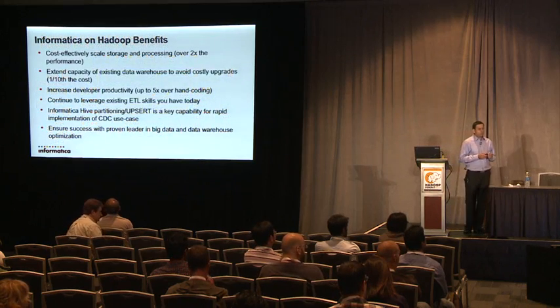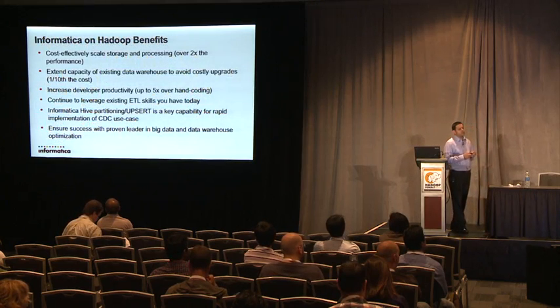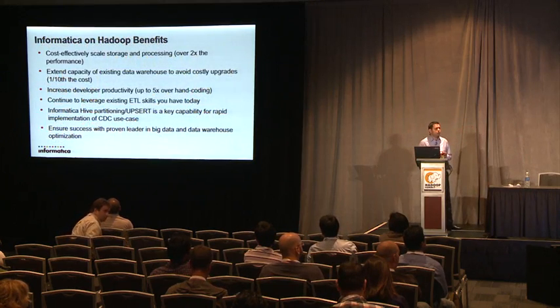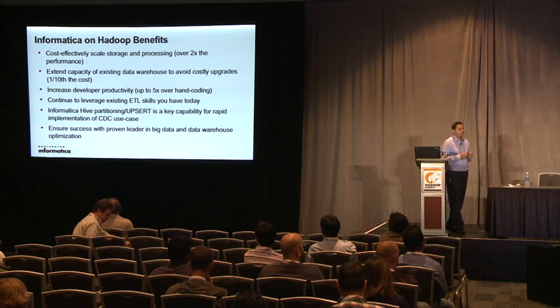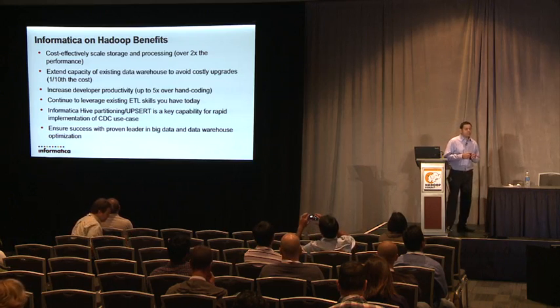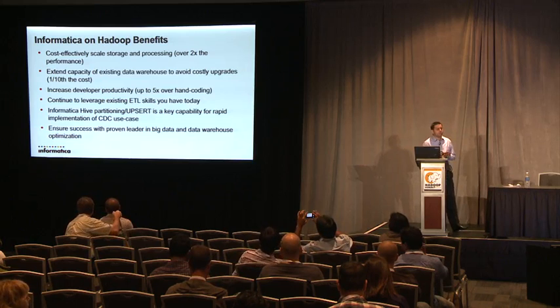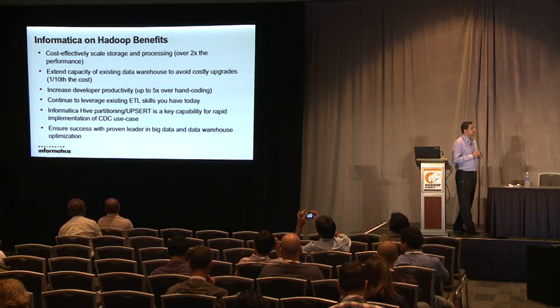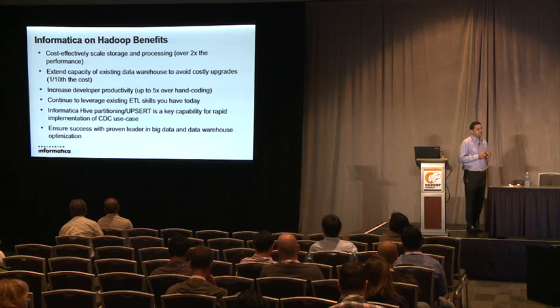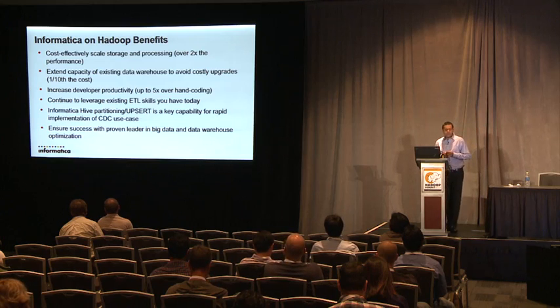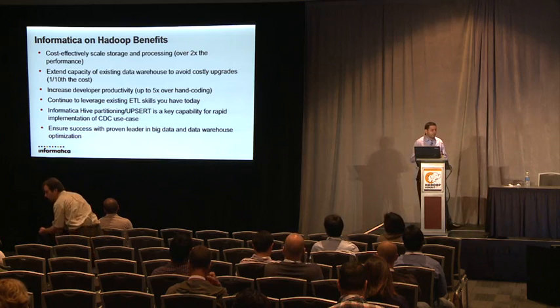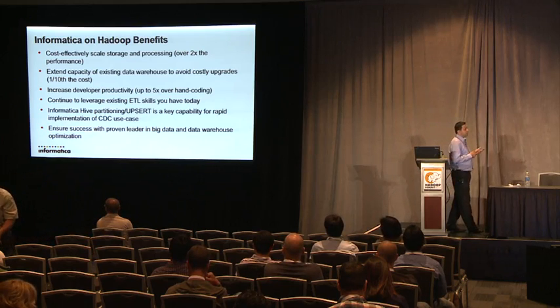So just to summarize, Informatica on Hadoop, what are some of the benefits? Obviously, it cost-effectively scales storage and processing. We're seeing over 2x the performance. The other thing is increasing your developer productivity, right?